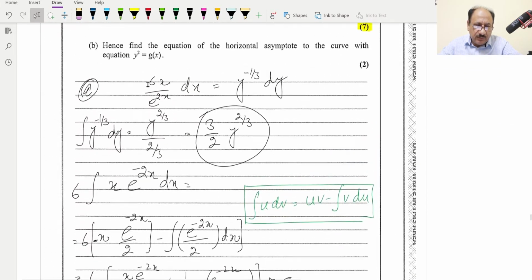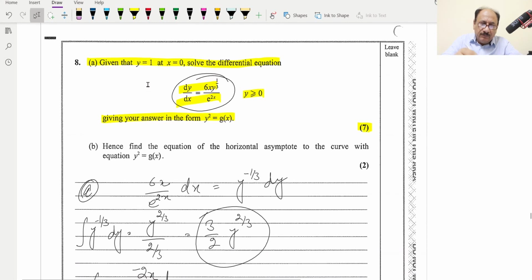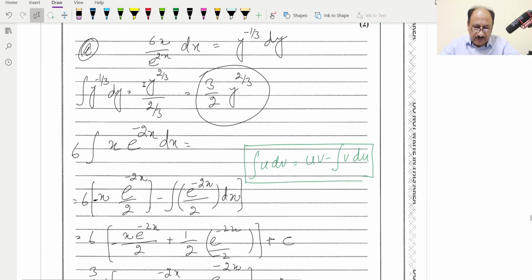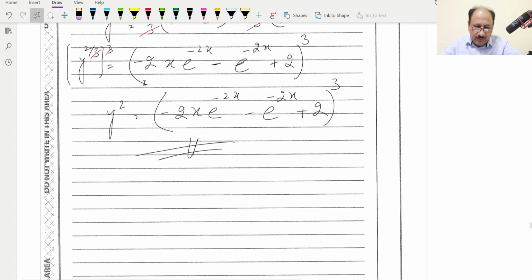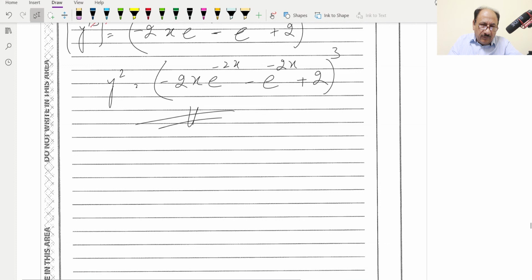Now the next part is B part. B part says, hence find the equation of the horizontal asymptote to the curve with equation y square equal to g(x). So for B part, as you know, as x tends to infinity, e raised to the minus 2x is approaching 0.